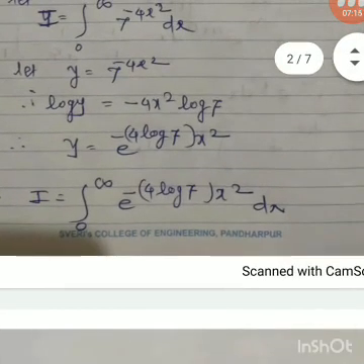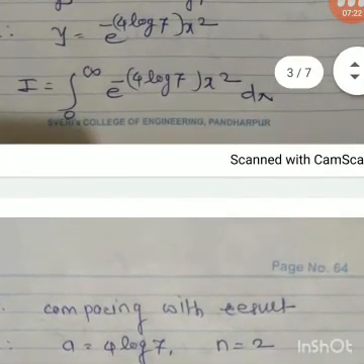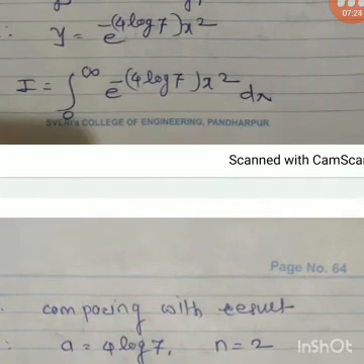Therefore, put this value in the integral and compare with our result. The coefficient of x is 4 log 7, that is a is equal to 4 log 7, and the power of x is 2, therefore n is equal to 2.